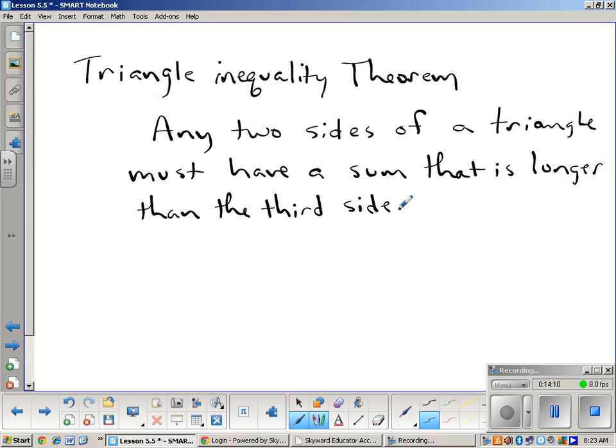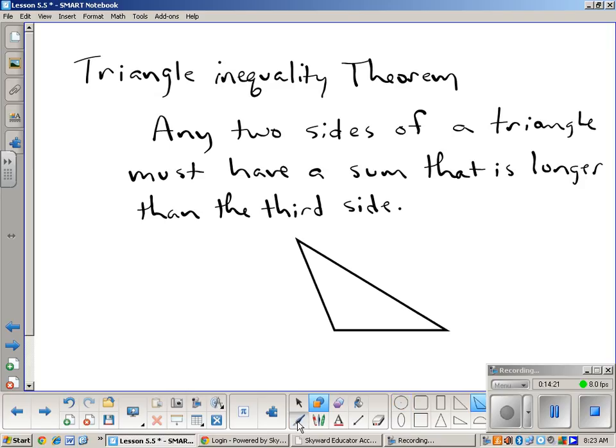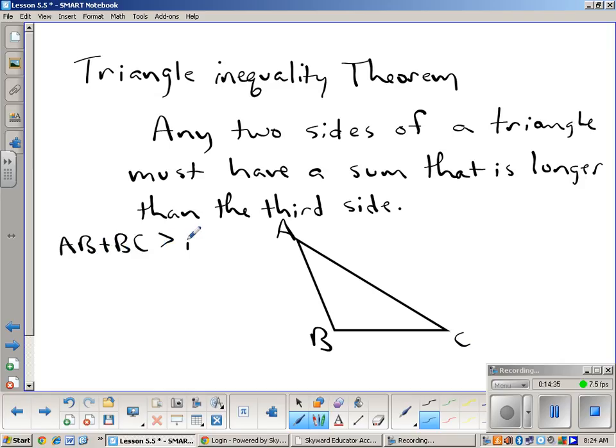Any two sides. And so if we have this triangle, we're saying that AB plus BC must be bigger than AC.